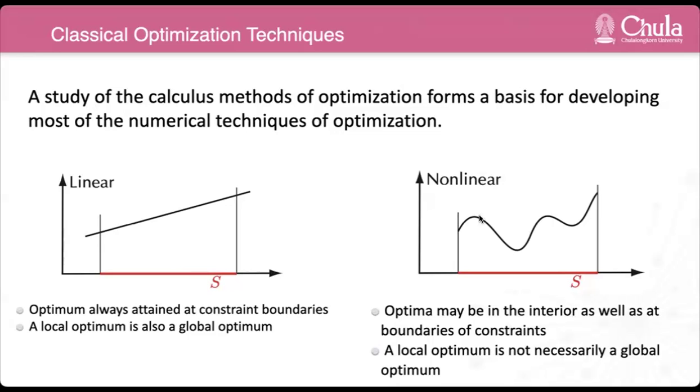For example, this point, you go either way, to the left or to the right, the function decreases. Also here, you go either way, the function decreases. So we call it relative maximum. Or in other words, local maximum.